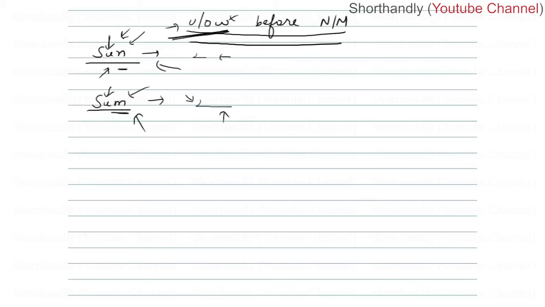Let's take another word, like a word called done. If you pronounce this word, it goes like done, but we don't have U anywhere in this word.